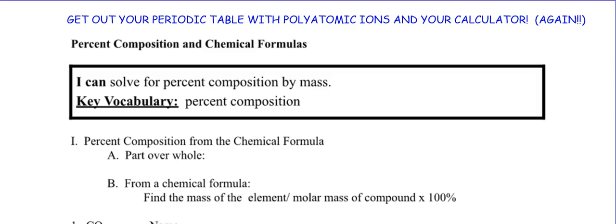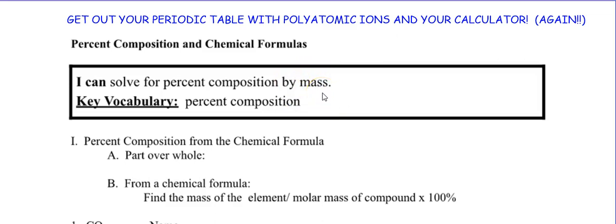So the percent composition is always part over whole. In the example I just gave you, the part would be how many girls I had, and the whole would be how many people are in your classroom. So it's the number of girls divided by everyone in the classroom, part over whole. We're going to do the exact same thing, but this time we're going to do it by mass.